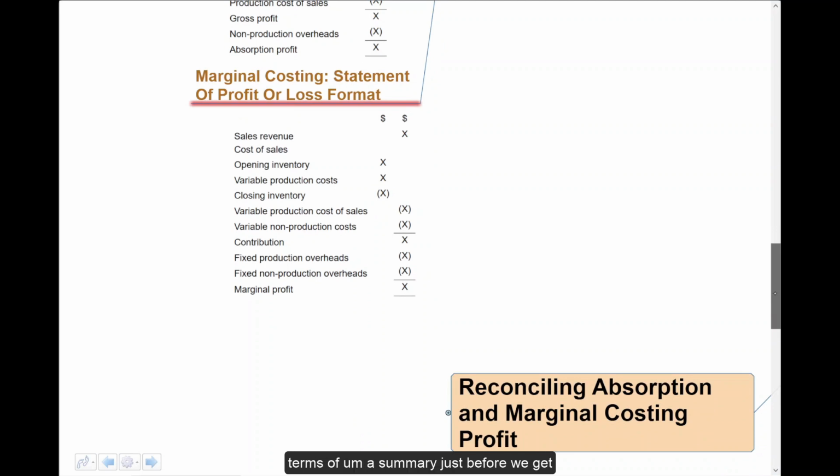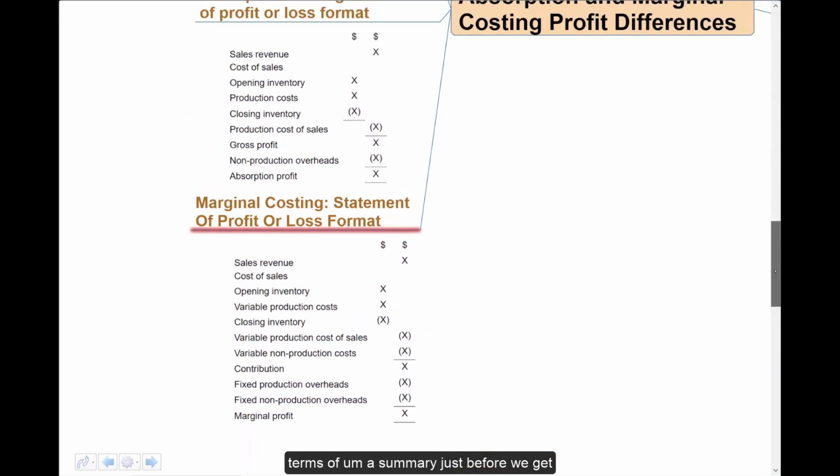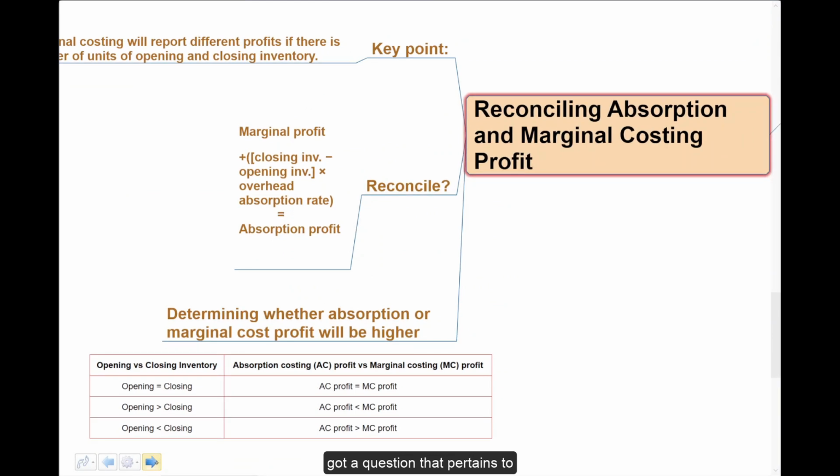Now, in terms of a summary, just before we get to the last main branch, we're saying that the two profit figures are going to be different. I think we know why, because of the inventory, okay? So what if we got a question that pertains to reconciling them? How would you go from one to the other?